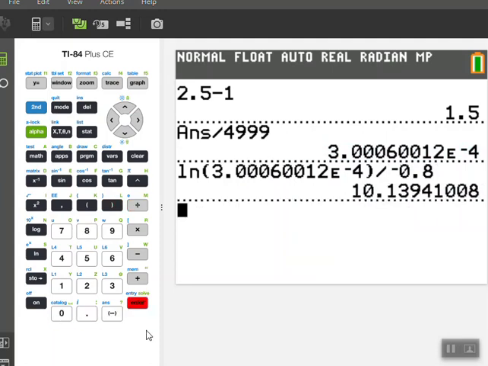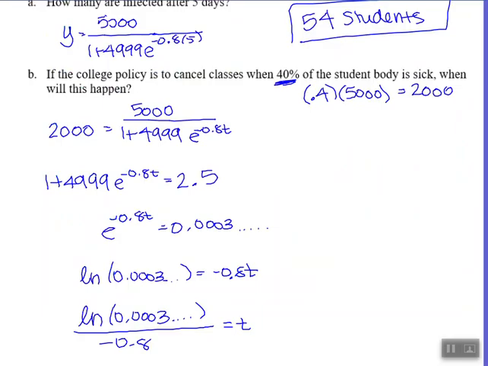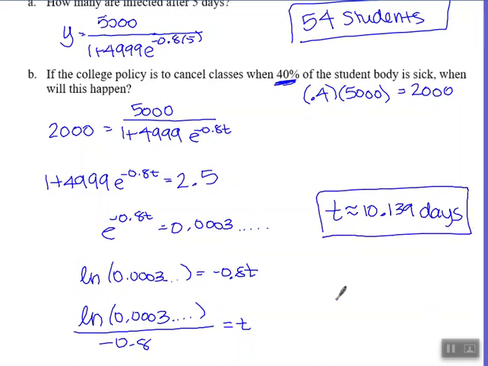If we round to 3 decimal places, we have 10.139 days. So it would take about 10 days for 40% of the student body to become sick with the flu. The one downfall of this model is it does not take into account people getting better and recovering from the flu. That would be a much more complicated example.